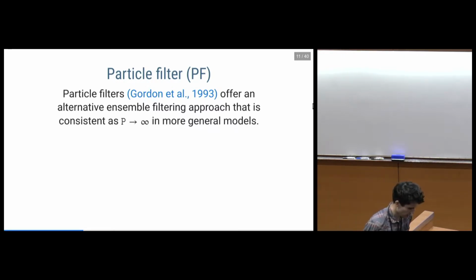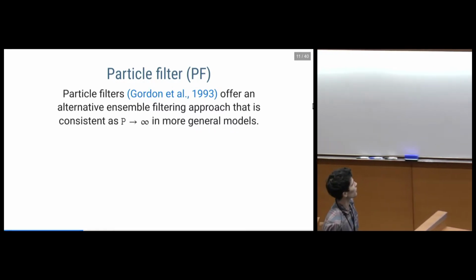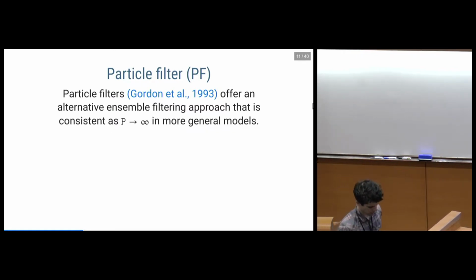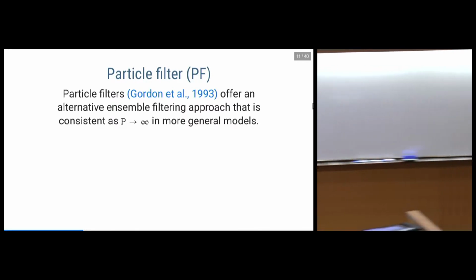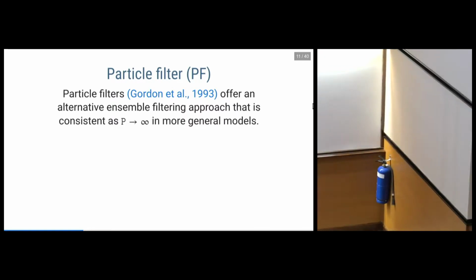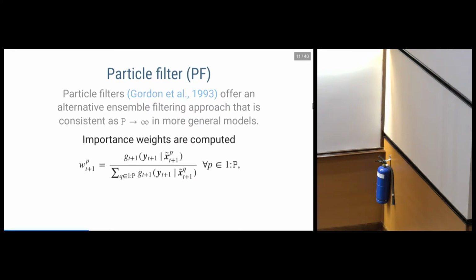So as I said, one of the issues with the ensemble Kalman filters is that they make this underlying linear Gaussian assumption, and in some cases we'd like to get away from that. So a natural class of algorithms which are able to deal with more general models is particle filters. These are consistent for the sort of models we're interested in as the ensemble size goes to infinity.